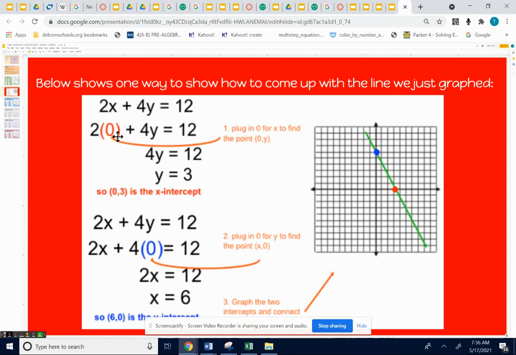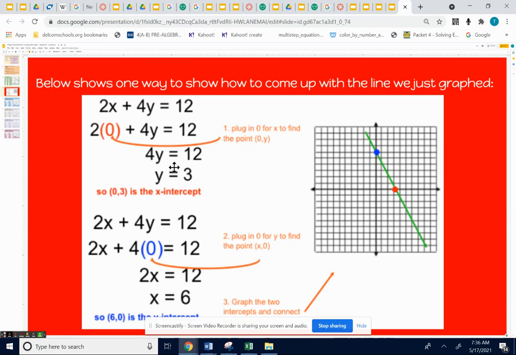Now, when you put 0 in for x and you find what y is, you're going to get a point like 0, 3. Okay, there's point 0. They made a mistake there, didn't they? Anyway, this is going to give you the intercepts.